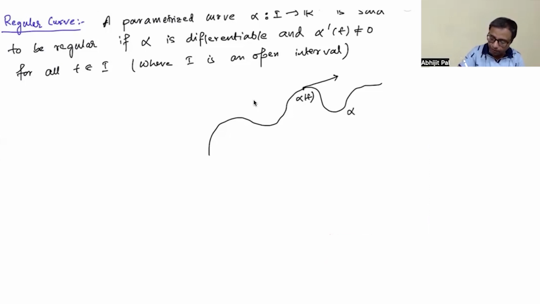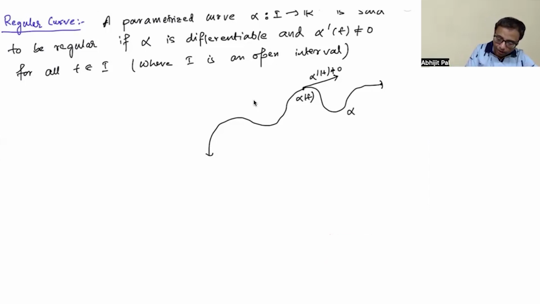Here, because I have taken I to be an open interval, you will not get the endpoints. I have taken I to be an open interval because I want alpha to be differentiable. So I have taken this point alpha t and this vector alpha prime t, which is tangent to this curve, and this is not equal to 0.